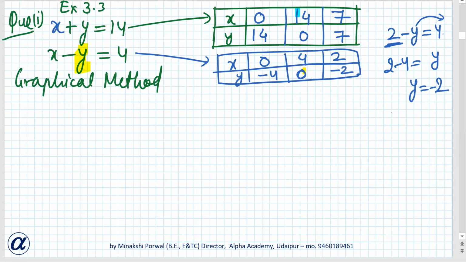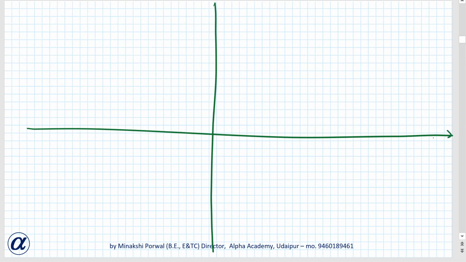Okay, when x is 2, y is -2, so we get 4. Is it clear? Yes, ma'am. Now for plotting the graph, we'll take these values and plot. First of all we make two axes: this is the positive x-axis, this is the negative x-axis, this is the positive y-axis, and this is the negative y-axis.